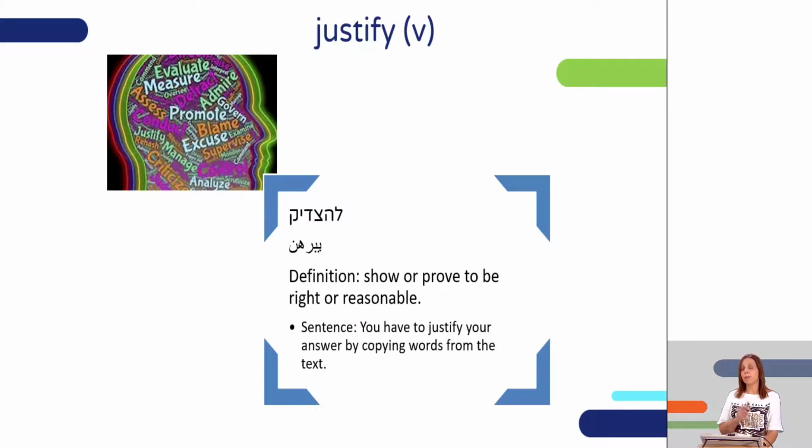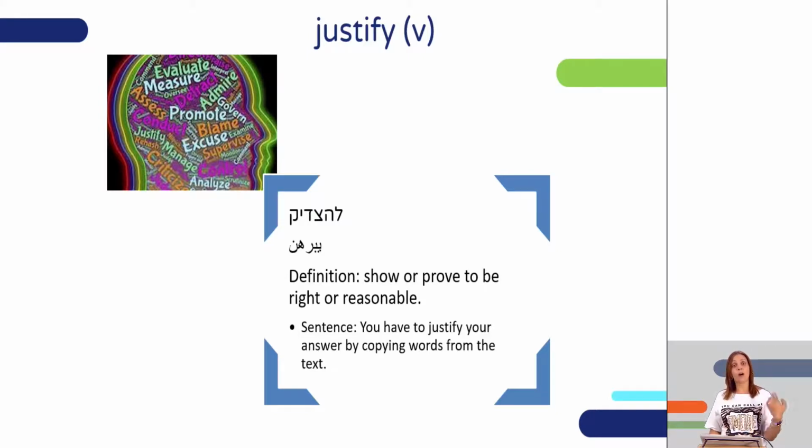We have the verb justify. Usually when you deal with, for example, Module C and Module E tests, they ask you to answer and justify your answer from the text. What do they mean by justify? Justify here to show or prove to be right or reasonable. You need to give a proof for your answer.